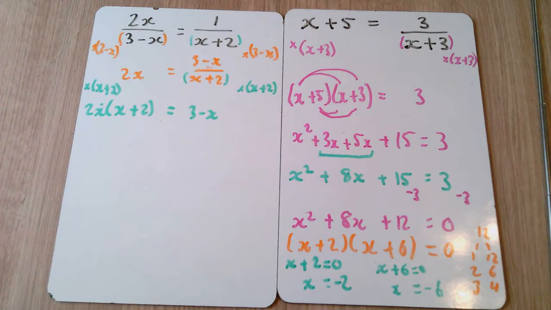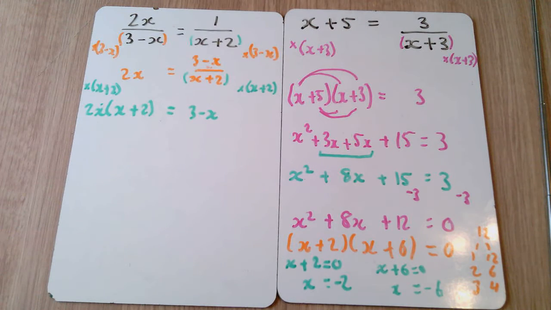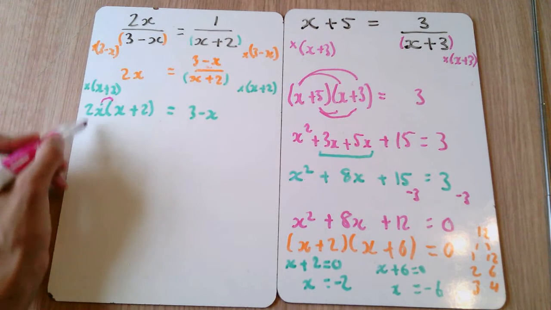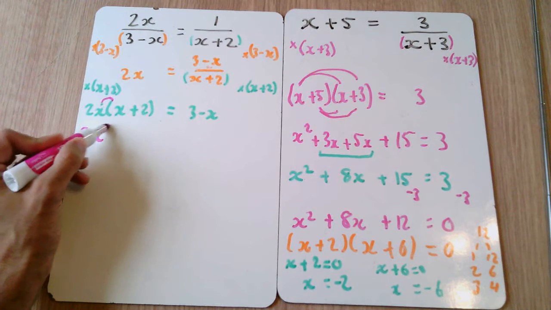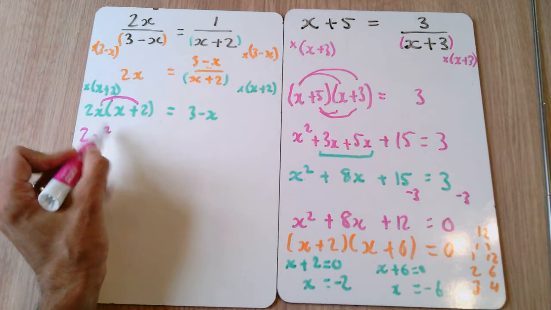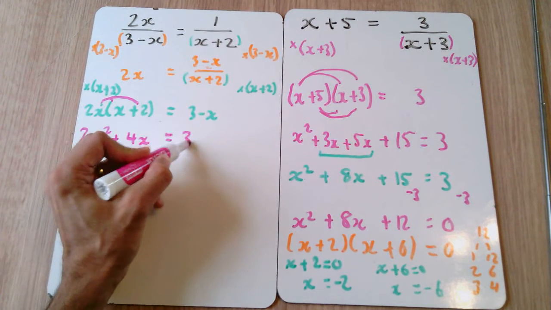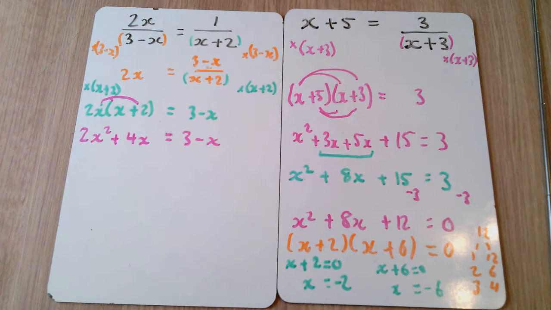Now we're in the same scenario we were before. We need to expand our double bracket out. When we expand the double bracket, we end up with 2x times x is 2x squared, 2x times by plus 2 is plus 4x, is equal to 3 minus x.